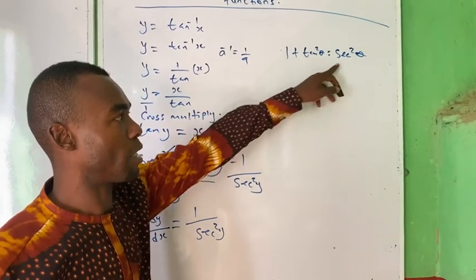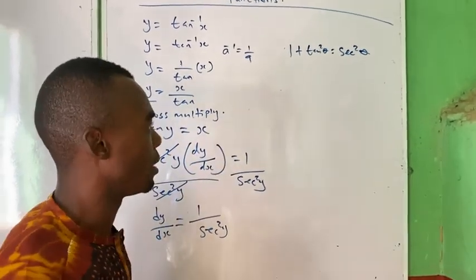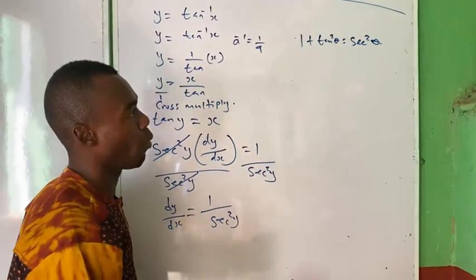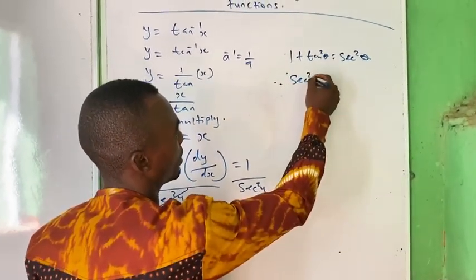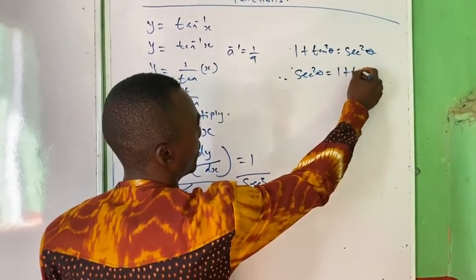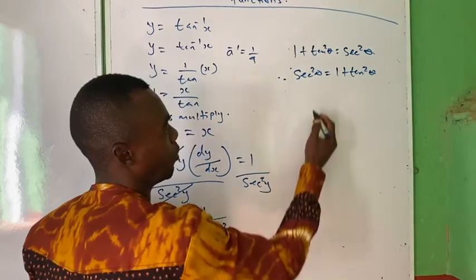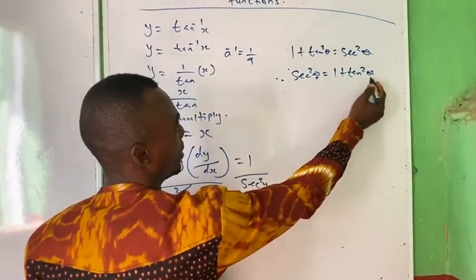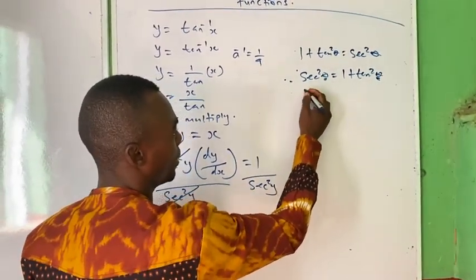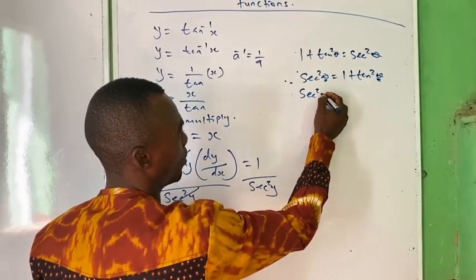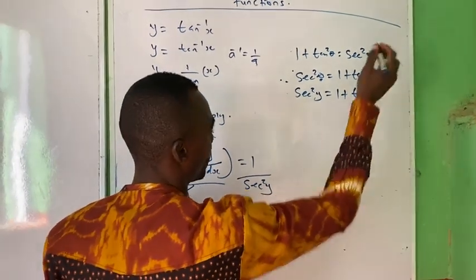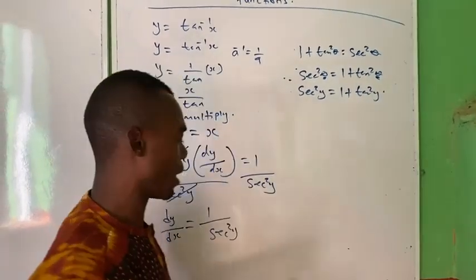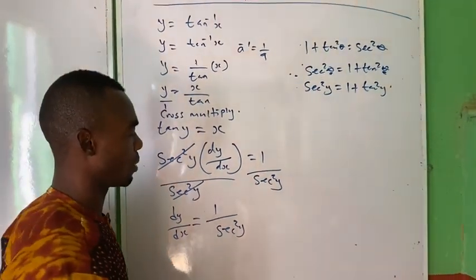Therefore, sec squared theta is equal to 1 plus tan squared theta. We can remove the theta and replace it with y, saying sec squared y is equal to 1 plus tan squared y. Our y becomes the angle which we are dealing with.